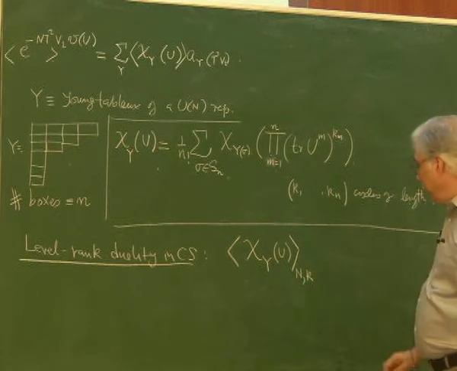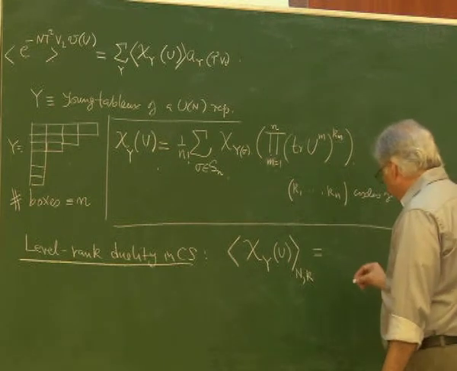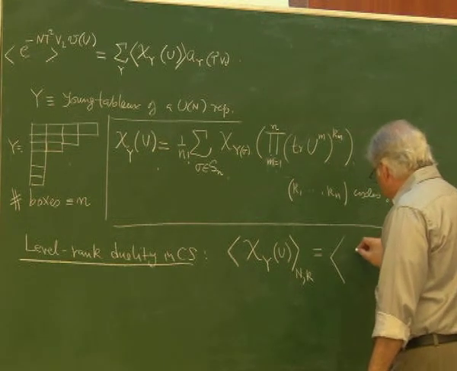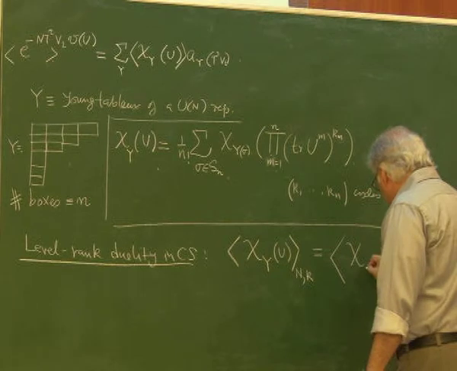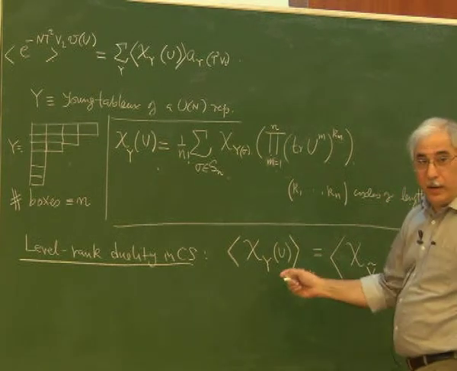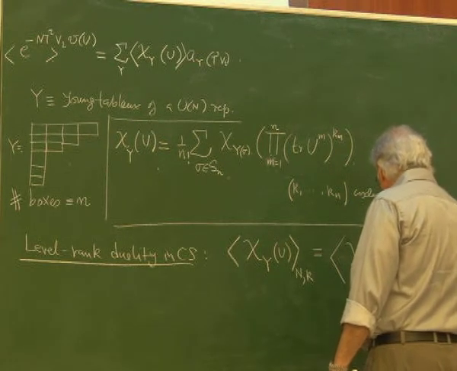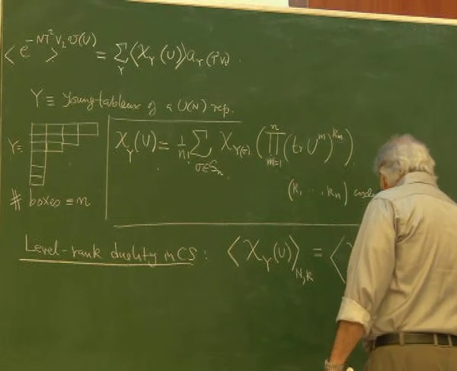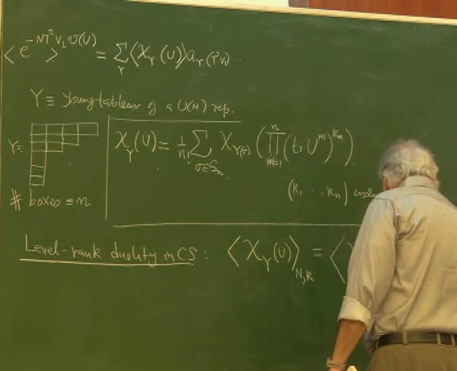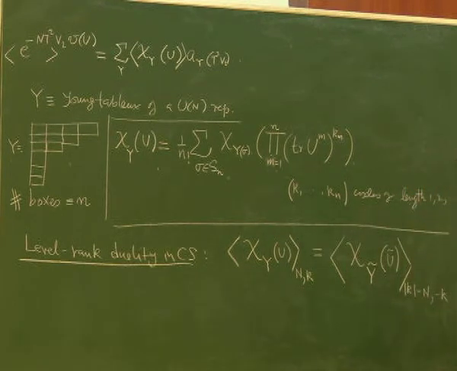This is equal to the expectation value of the character of a transposed Young tableau. I will tell you what that is. But the Chern-Simons theory is of level mod k minus n, minus k. And if we work with positive k's, this is just k minus n, k.